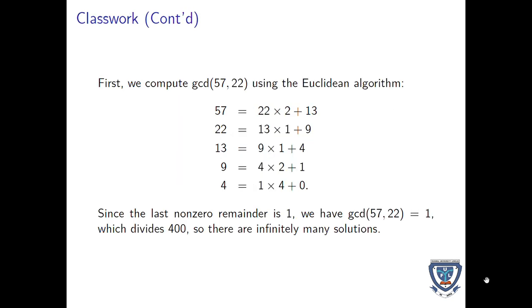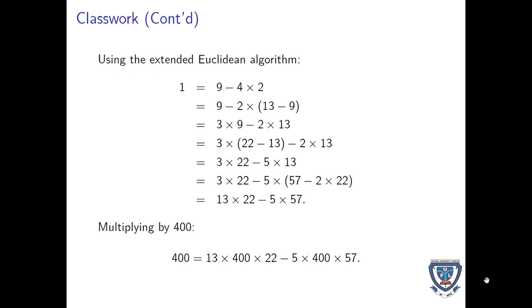Using the Euclidean algorithm to compute the greatest common divisor of 57 and 22, we discover that their GCD is 1, and 1 actually divides 400, so according to our theorem there are infinitely many solutions to the problem. Using the extended Euclidean algorithm, 1 is equal to 9 minus 4 times 2, and that takes us down to 13 times 22 minus 5 times 57.